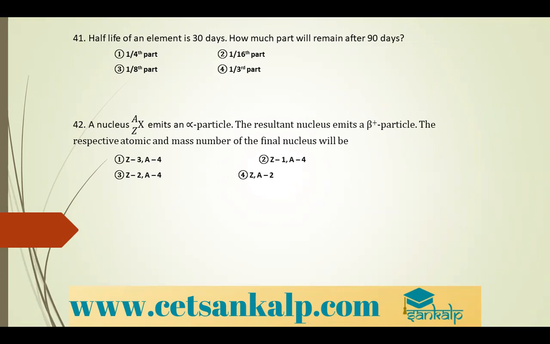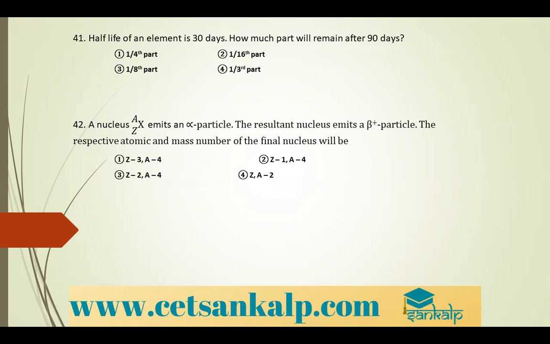So 90 divided by 30 is 3, so the number of half-lives n is 3. N is equal to N naught by 2 to the power n. So 2 to the power 3 is 8, so 1 by 8.